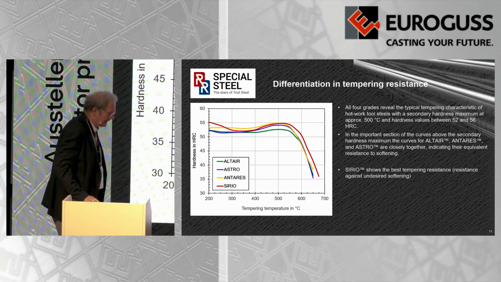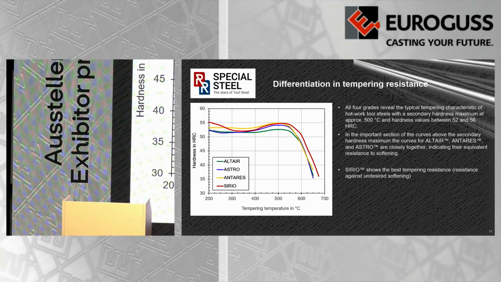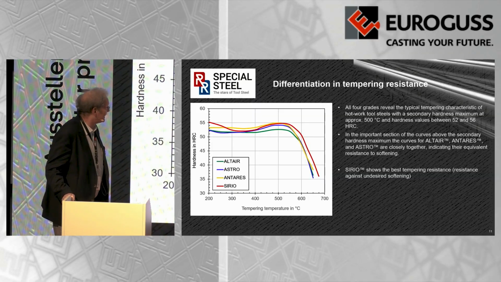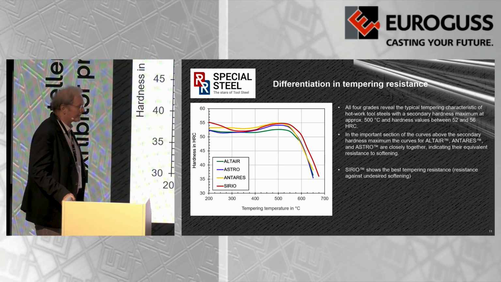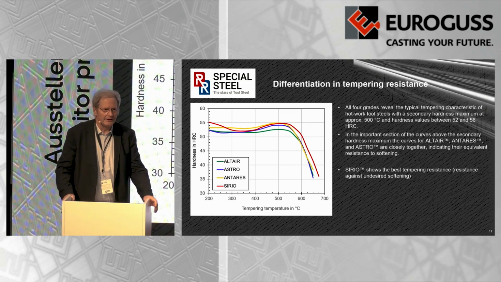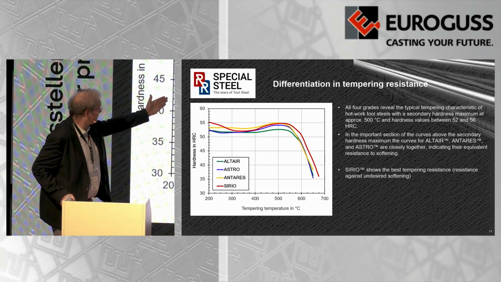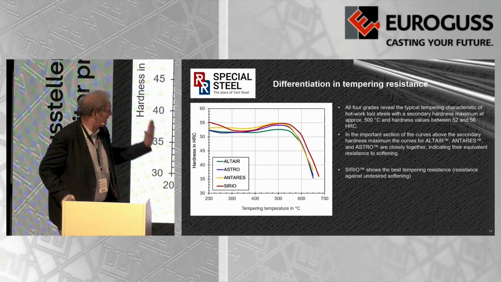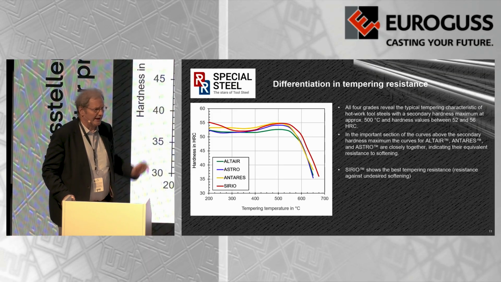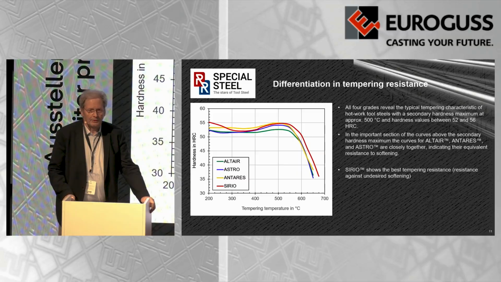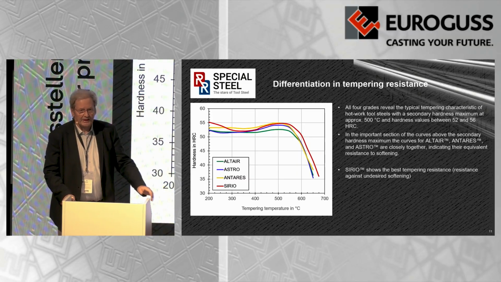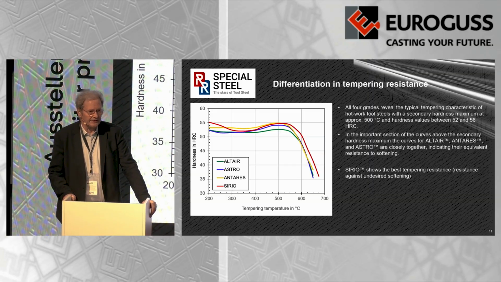The characteristic of how steeply these curves decline after the secondary hardness maximum describes the resistance against softening very well. You see the grades Altair, Astro, and Antares are very similar in tempering resistance, but the red curve for Sirio exceeds the other grades in tempering resistance. The curve is shifted towards higher tempering temperatures, and we also see that the decline is less steep after the secondary hardness maximum.